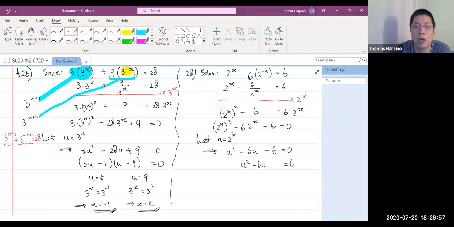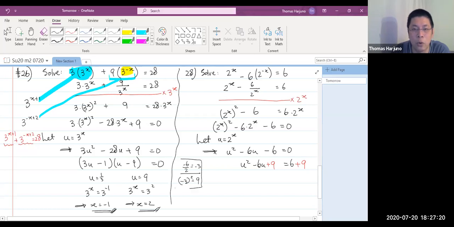I need to add 9 to both sides, right? Negative 6 divided by 2 is negative 3. Negative 3 being squared is 9. That's how we know we will add 9 to both sides. So this is u minus 3 squared equals 15.